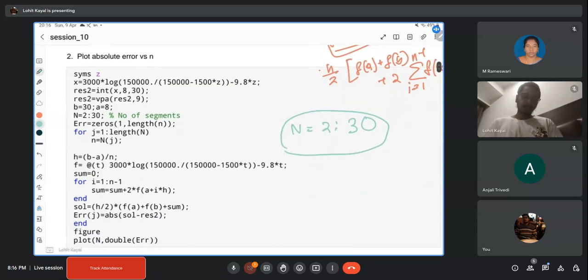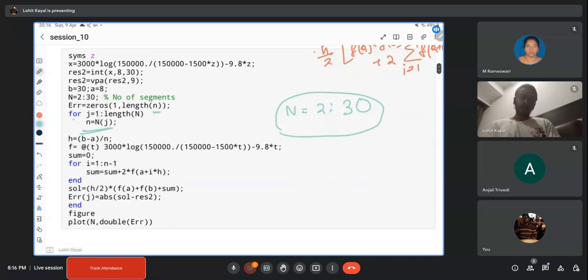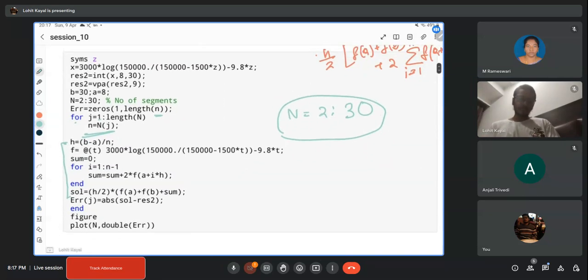That is the number of segments. So there will be an outer loop for this capital N. The loop starts here, n equal to capital N of j. I am doing exactly the same calculation. But here I have defined error as a vector because I want to finally get a plot. The plot will be capital N versus this error.